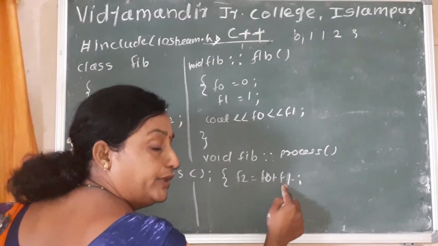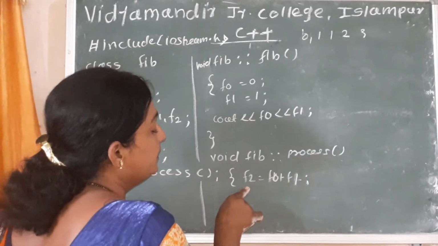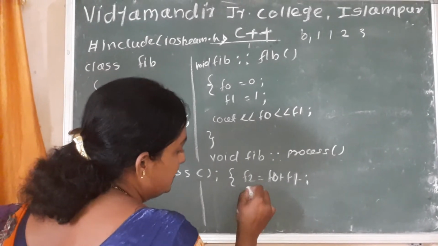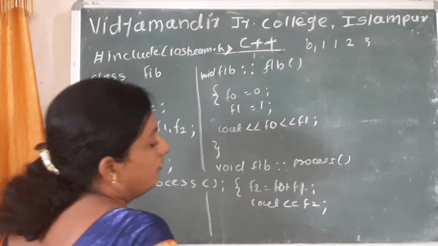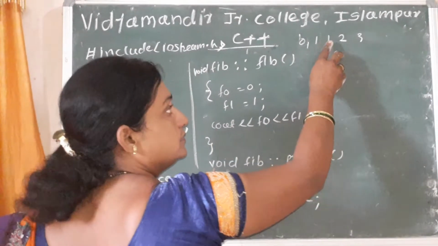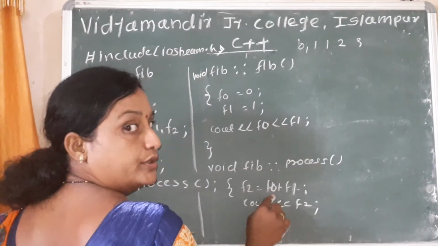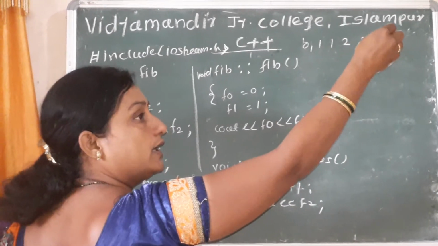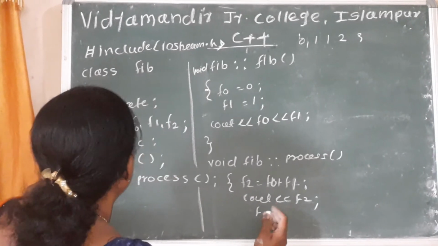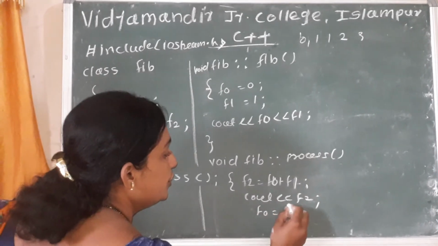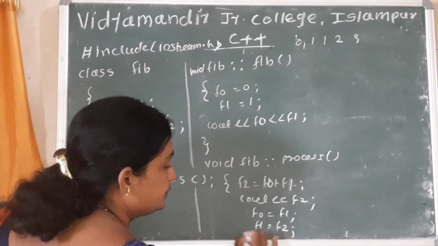The first and second terms are added, and we automatically get the third term, F2. Next is cout F2. The first two terms are 0, 1, then 0 plus 1 is 1, so the third term we also got. Then what about the fourth and fifth terms? Then we write F0 is equal to F1, F1 is equal to F2.